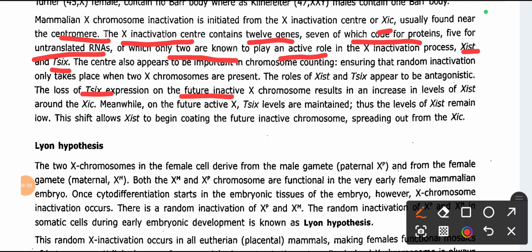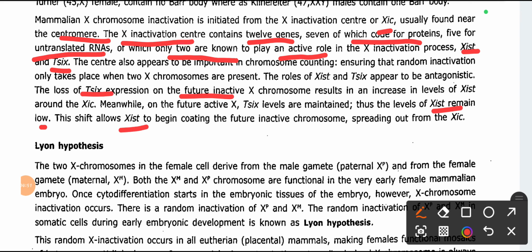Does the level of XIST remain low? XIST remains low when the X chromosome is active. When it is inactive, XIST is more.